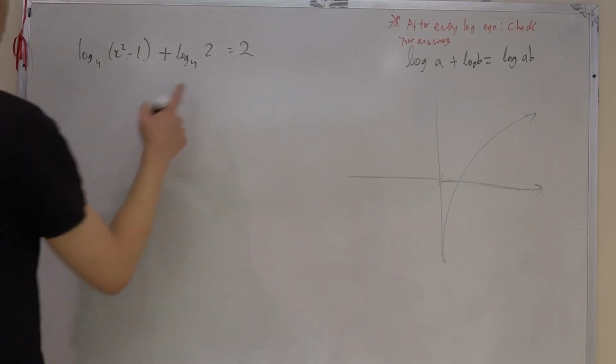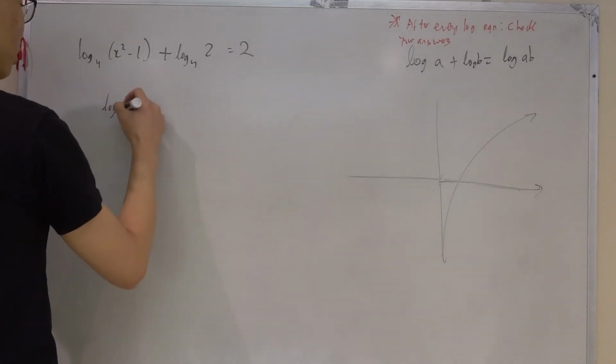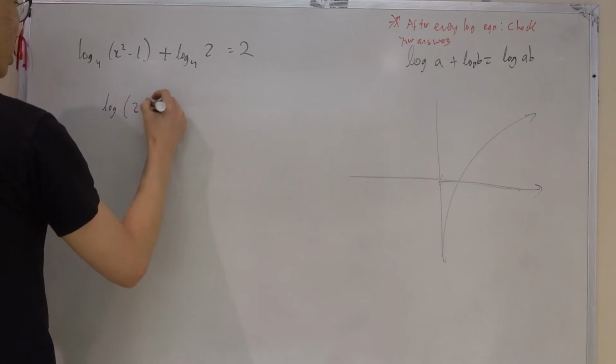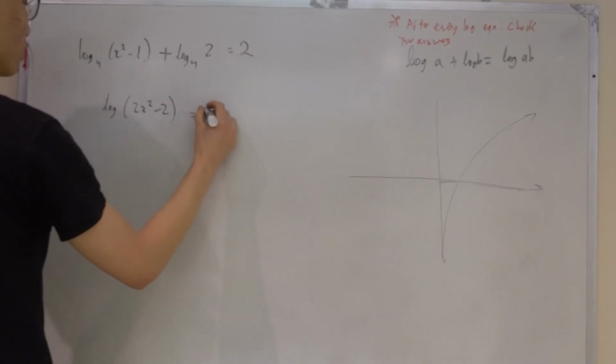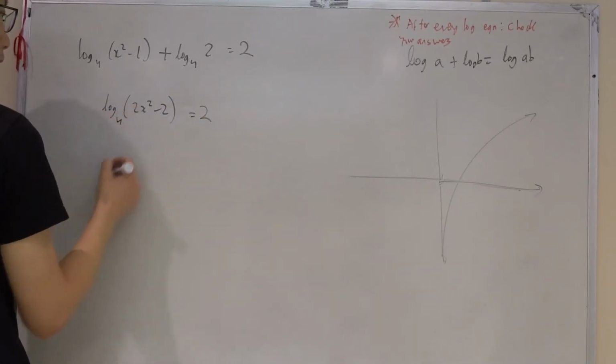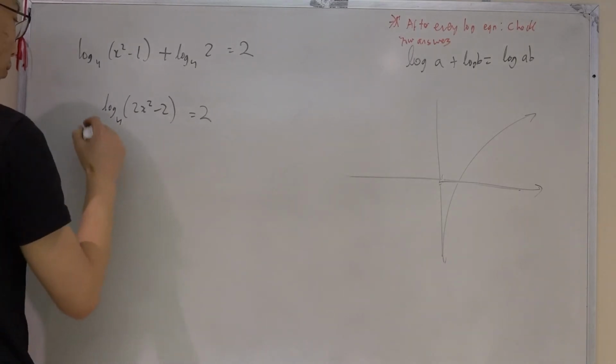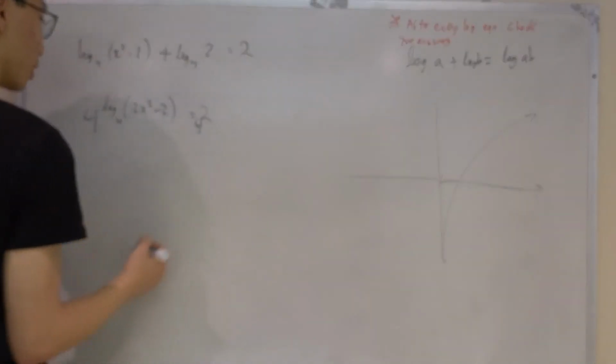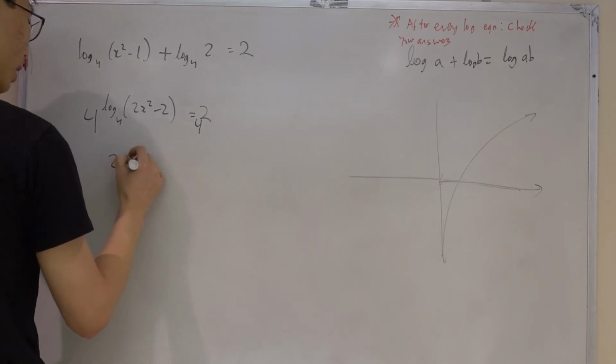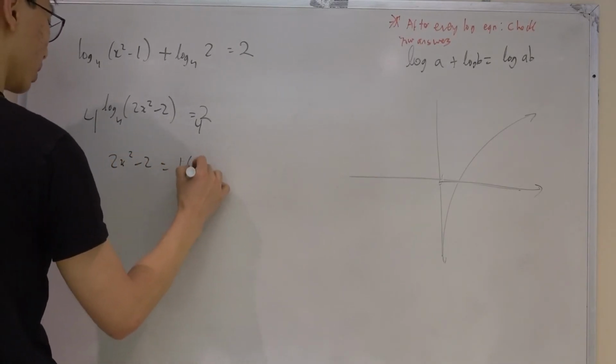Alright, so the first thing that you do is use your laws of logarithms again. So you get 2x squared minus 2. Then you recognize that the base here is 4, so if you raise both sides to the 4, the log disappears. You get 2x squared minus 2 is equal to 16.